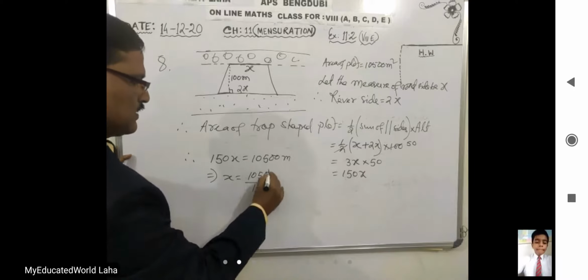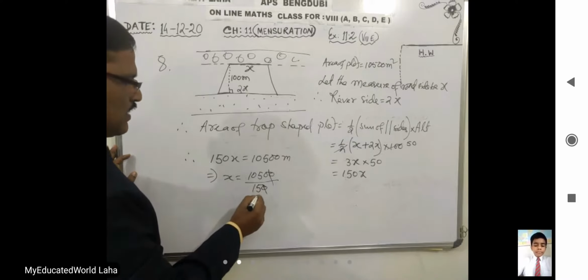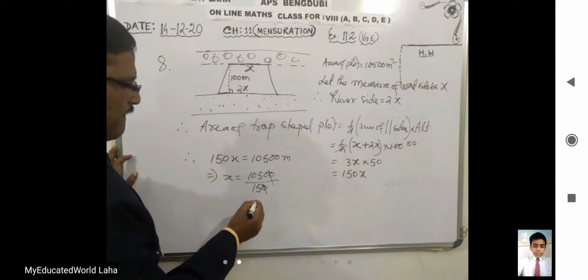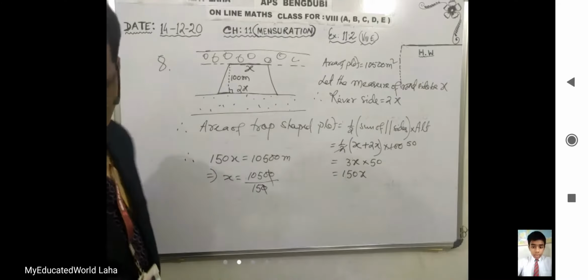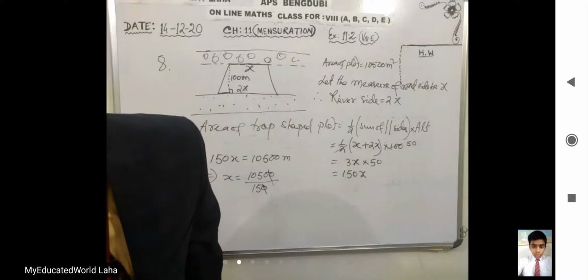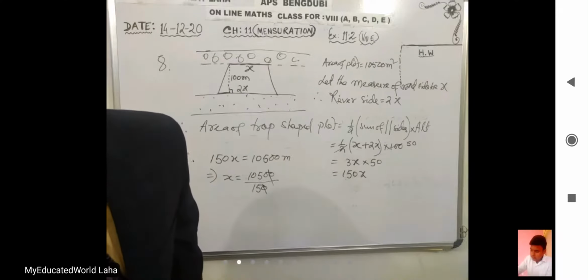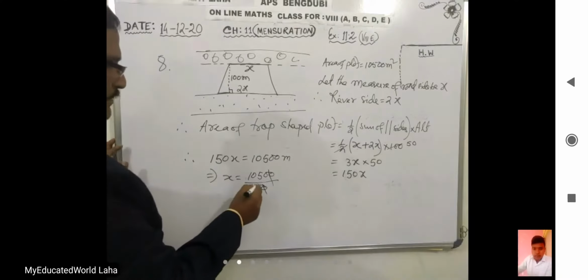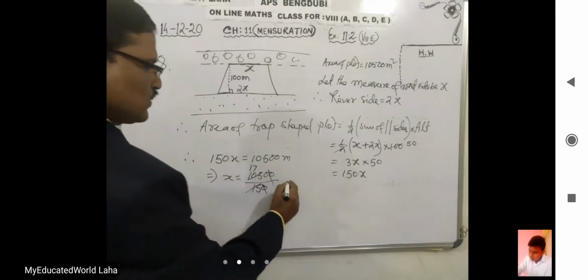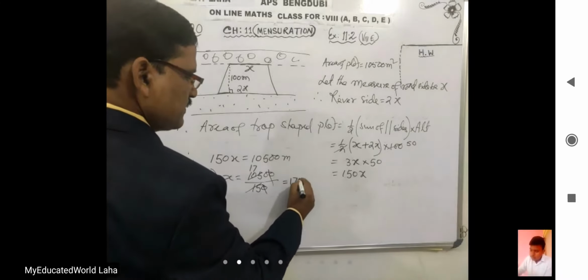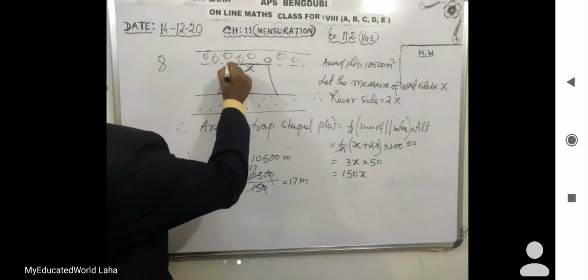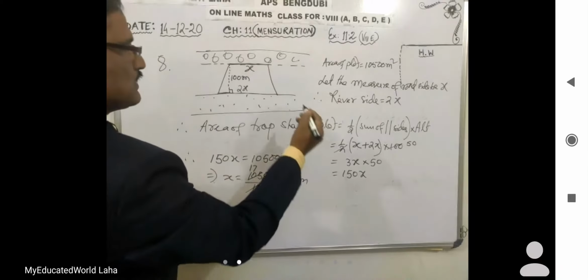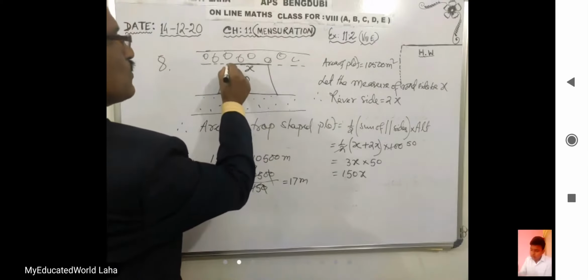So you cut. Then how many zeros are there? After cutting, I am getting 70. So x equals 70. What is 70 for? It is for your road side.